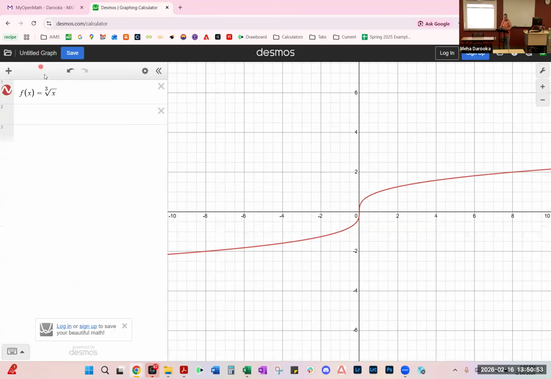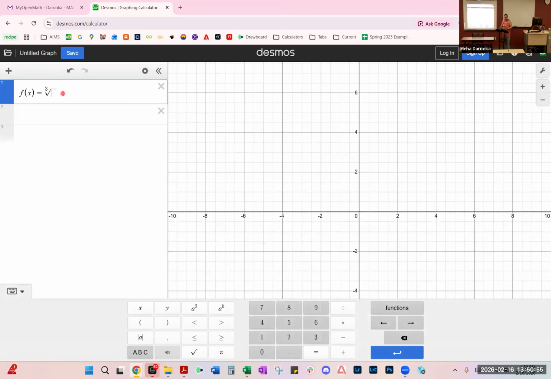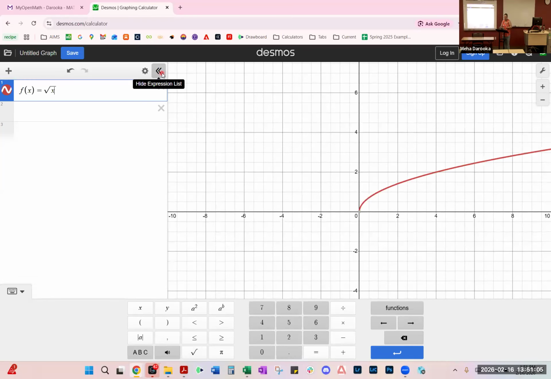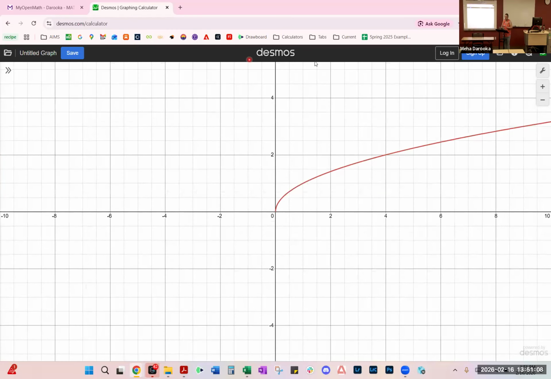For the square root function, it is actually going to be different because for square roots, there you are, square root of x, you will see our graph is only on one side of the x-axis. So as you will notice here, our graph starts at 0 and it's going towards positive infinity.